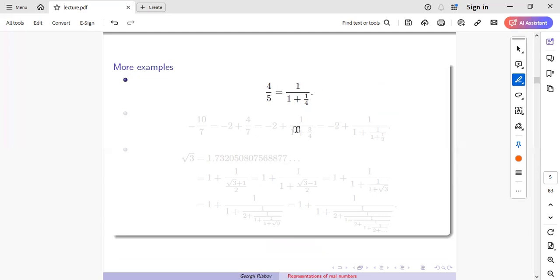So 4 over 5, let's divide numerator and denominator by 4, and we will get a finite continued fraction, 1 over 1 plus 1 over 4. Also, we had an example, minus 10 over 7.